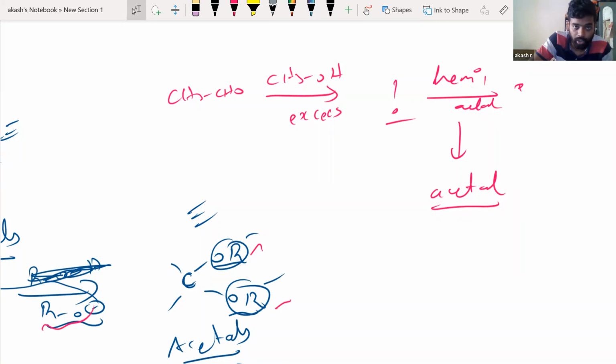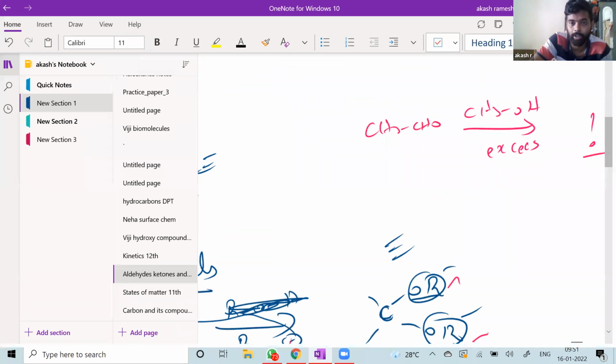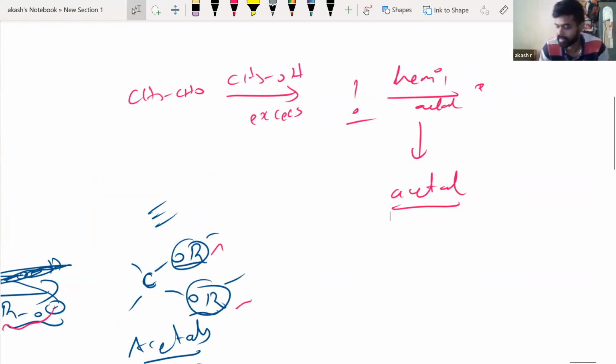We have CH3CHO reacting with CH3OH. Take your notebooks, take your pens, and start writing. Show it along with the mechanism.